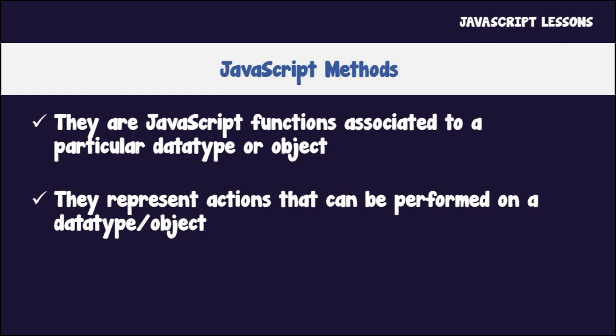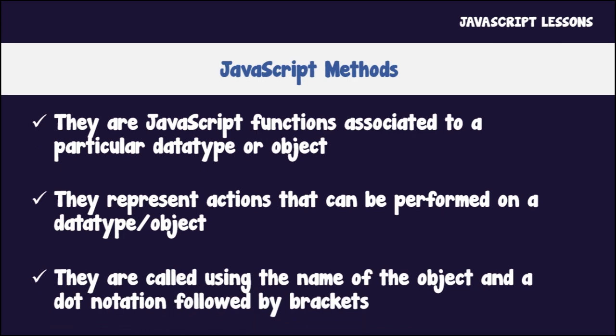They are basically just like normal functions, but unlike the normal functions we've worked with so far, they can only be called on these particular data types or objects, and they are called using the name of the object followed by dot notation and then followed by brackets, and we're going to see that in a moment.